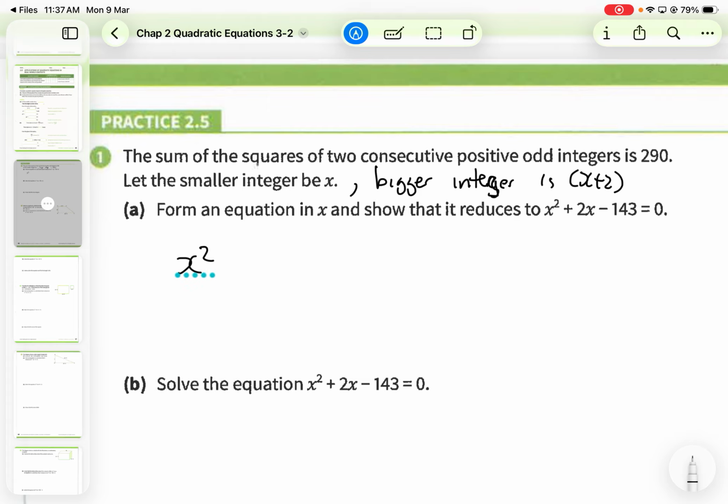I square the second number, which is x plus 2 squared. And when I add them together, the sum is equal to 290. So I must be able to translate an English sentence into a mathematical equation.